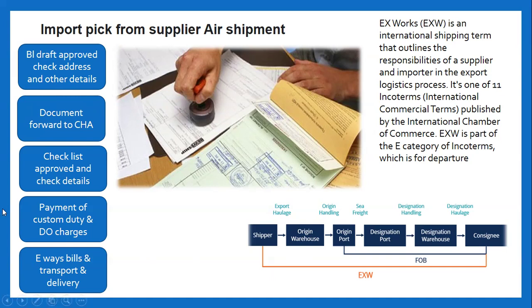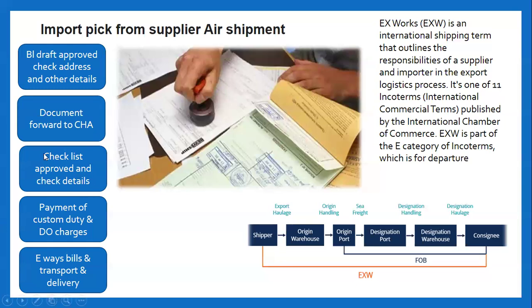When we submit the documents received from the supplier to the freight forwarder, the freight forwarder shares the details with us. The documents we receive from the supplier, we have to share with the customs house agent. He files the bill of entry in customs before the goods arrive at our Indian port. This is a necessary condition: the bill of entry must be filed before the shipment arrives at the Indian airport.